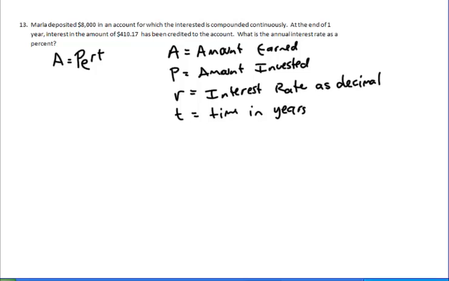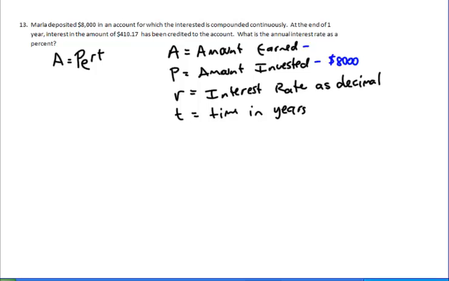So when we fill all this stuff in, it really isn't too bad. We know that we deposited $8,000. We know that the interest that we've received is $410.17. So that means the amount of money that we have in the bank is our starter amount plus the interest.